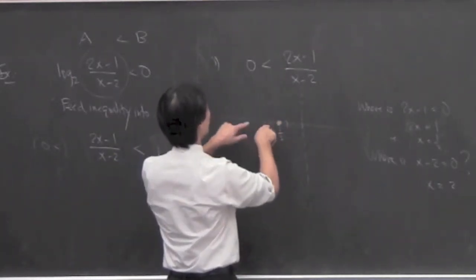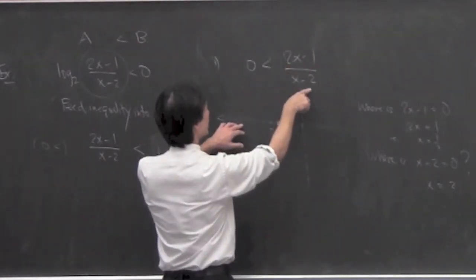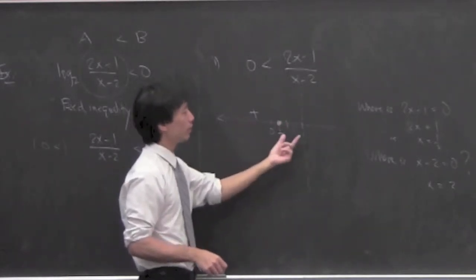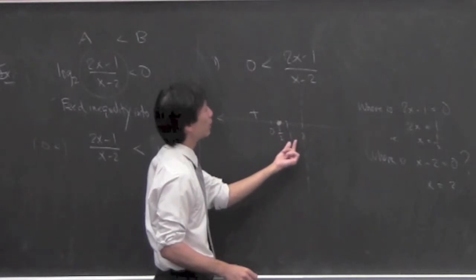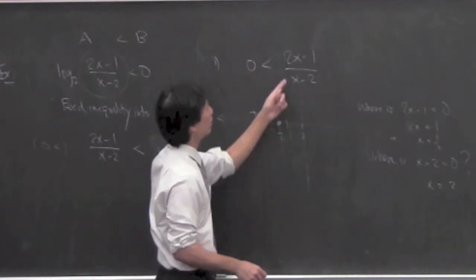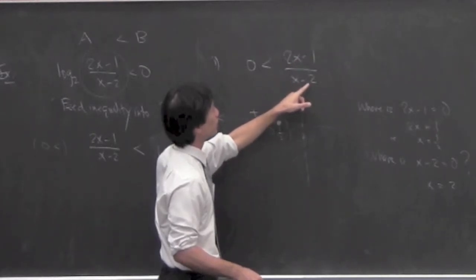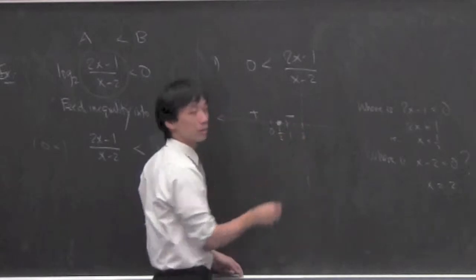At 0, on the left-hand side, let's test at 0. We get -1 over -2, which is positive. So in this range it's positive. Between 1 and 2, let's test at 1. At 1, we get 2 minus 1, that's 1, over 1 minus 2, that's -1. So we get a negative number, so it's negative here.